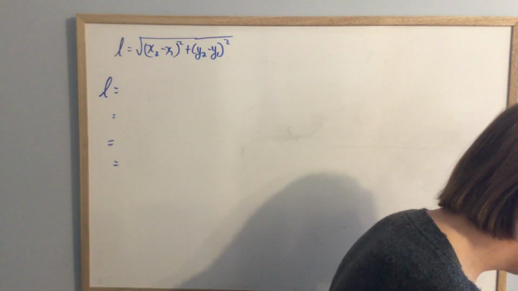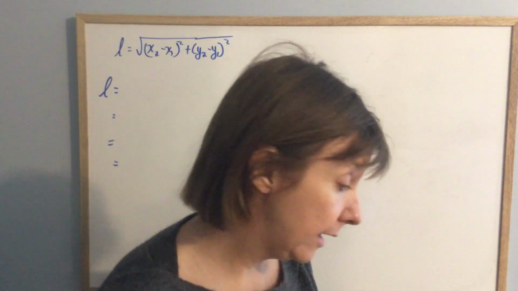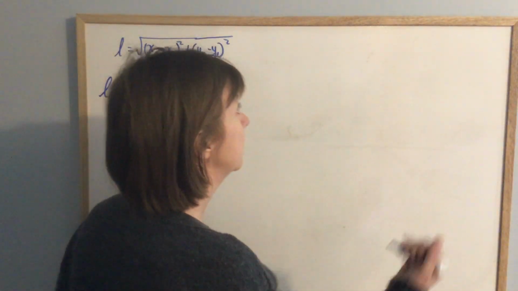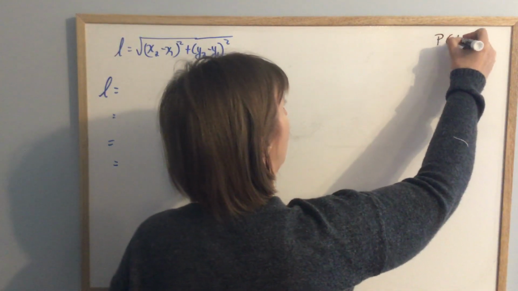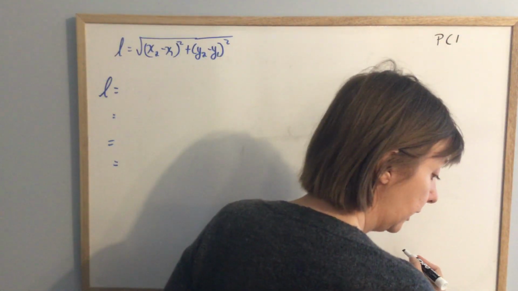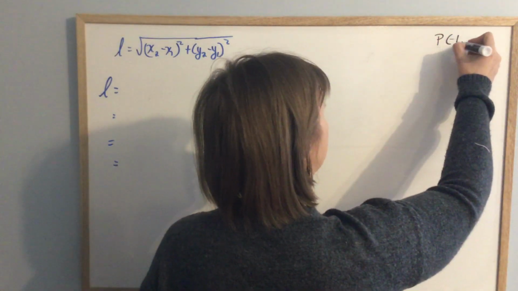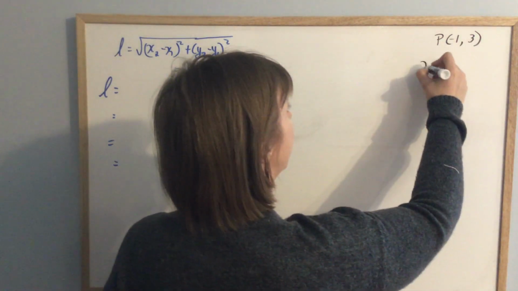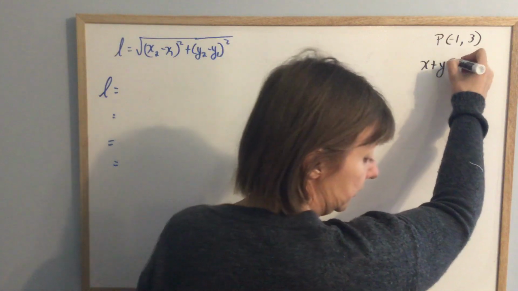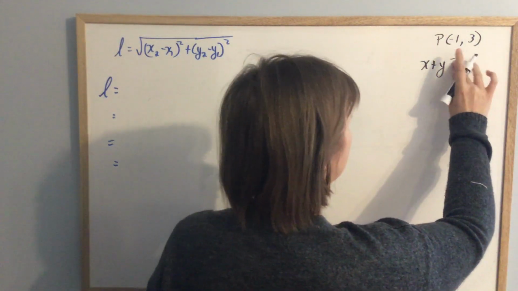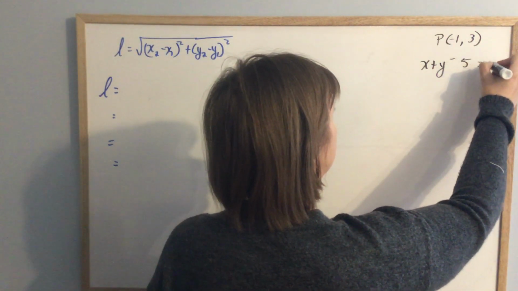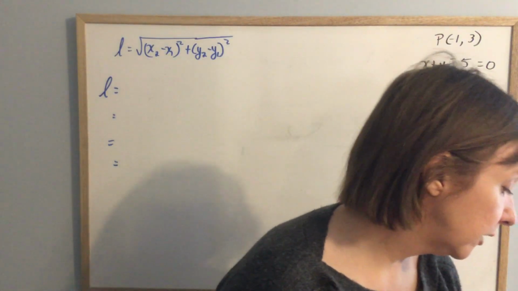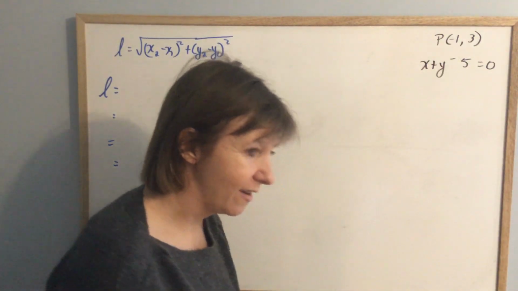Example number 2 says, find the distance from the point -1 and 3 to the line x plus y minus 5 equals 0. And they want us to round it to the nearest hundredth, which is never a good sign.